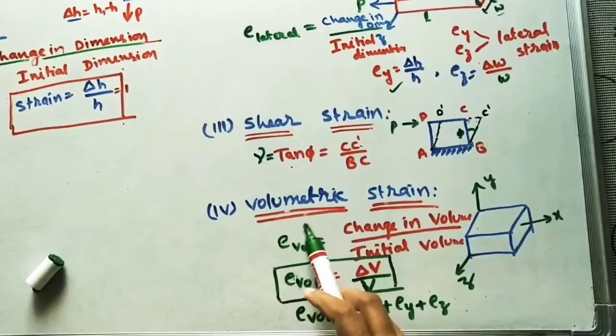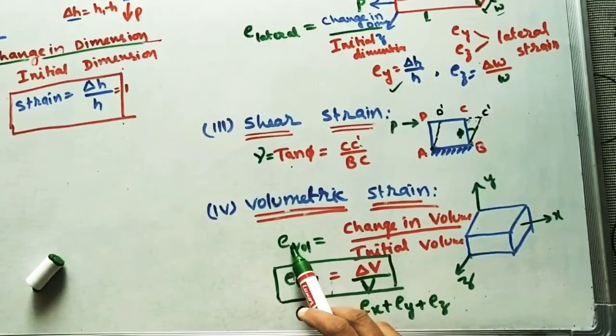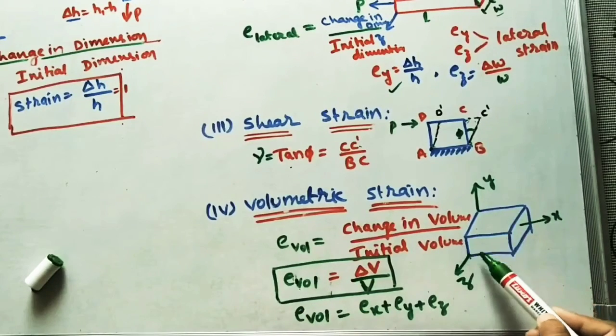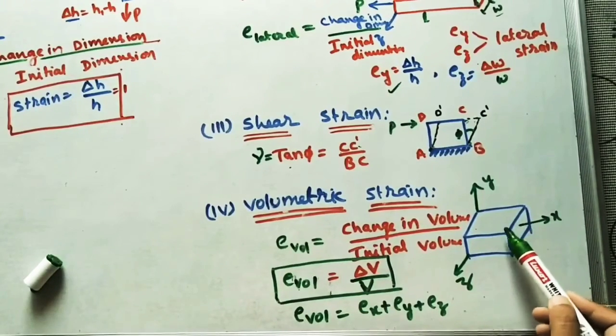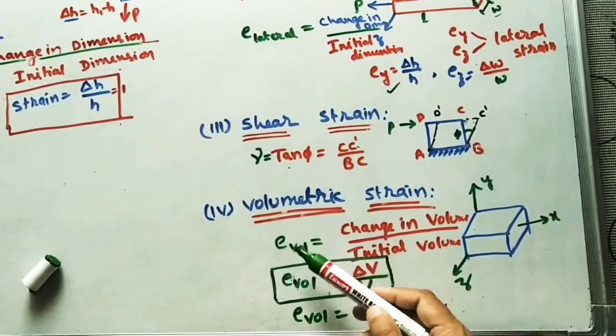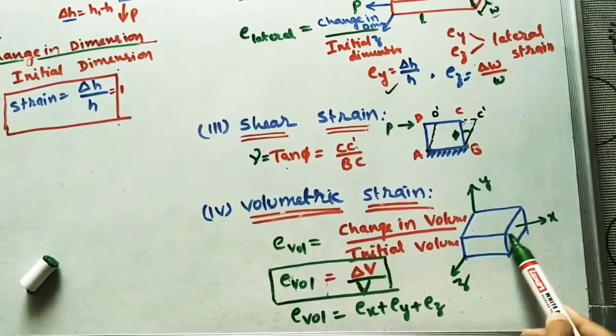Let us take the volumetric strain. For volumetric strain we use the symbol E, with vol written for volumetric. Here I am taking a 3D object, which has dimensions along the x-axis, y-axis, and z-axis. For volumetric strain, whatever forces we apply, the volume is changing.